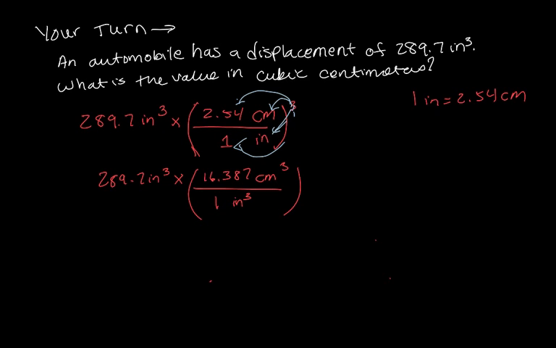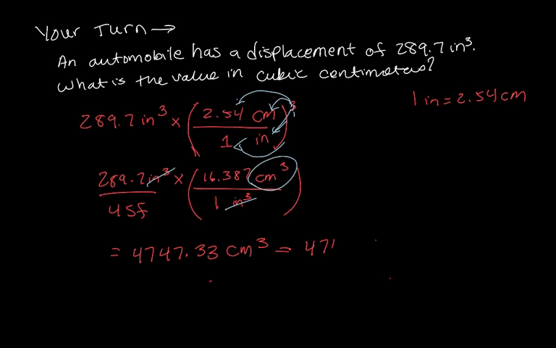Now we can go ahead and cancel out the inches, and we're left with cubic centimeters. And when we plug this in, we end up with 4,747.33 cubic centimeters, but we're limited by 4 sig figs, so we can write our answer as 4,747 cubic centimeters.